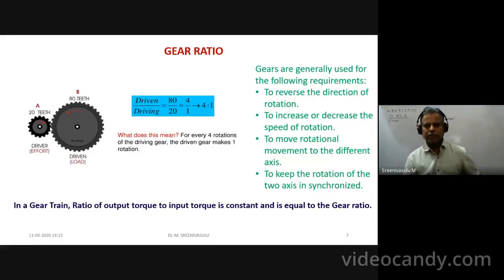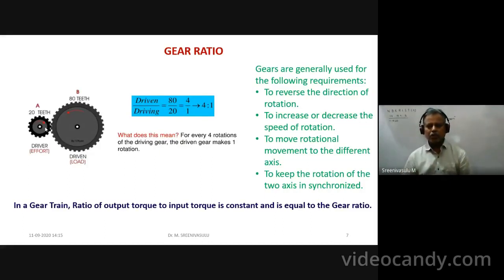Anyway, the basic purposes of gears, or the features that are generally satisfied by gears, are as follows. First, you can reverse the direction of rotation. See here, A is rotating clockwise. The gear in contact with A is rotating anti-clockwise. So this is how you can reverse the direction of rotation.